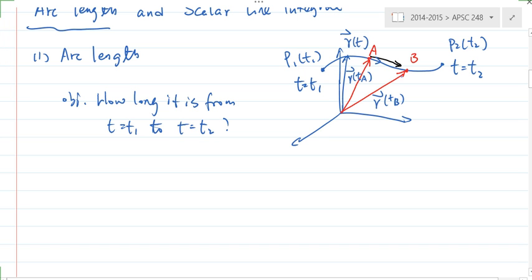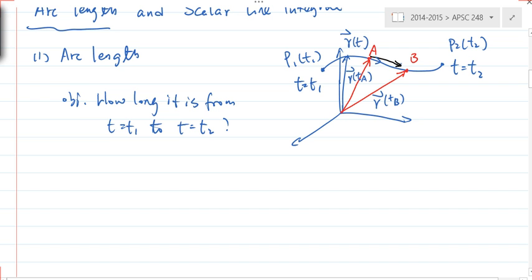So if the question is asking what's the arc length between A and B location, then based on the drawing I just made, I can use an approximation. To approximate this arc length, I can use the length of AB. Make sense?